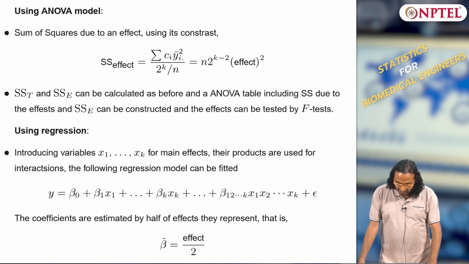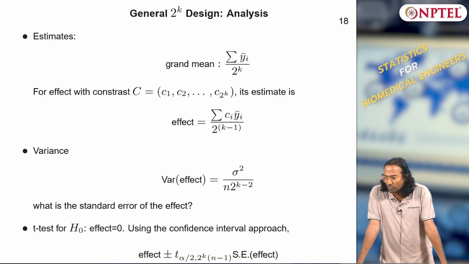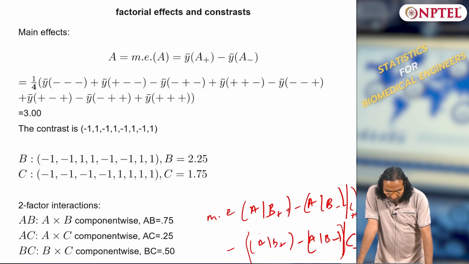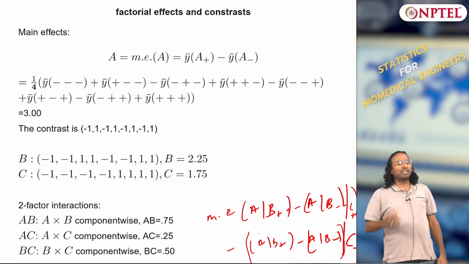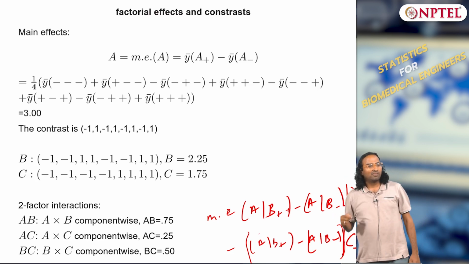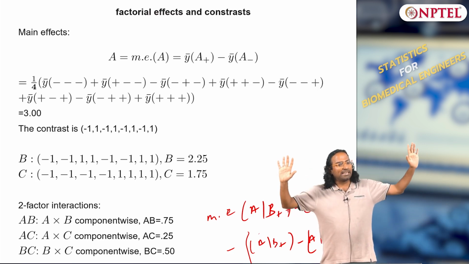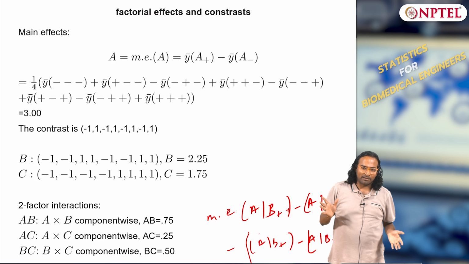So how do I come up with the table? Is there a straightforward way? No, unfortunately. You have to expand it. Remember, we expanded this for the interaction terms and all the main effects and came up with the contrast table. Unfortunately, I do not have an easy way to define the contrast table, because as k increases, the number of interactions also increases in a combination fashion. So with subtraction and addition there is no pattern.